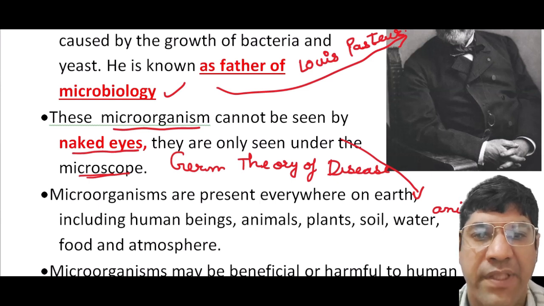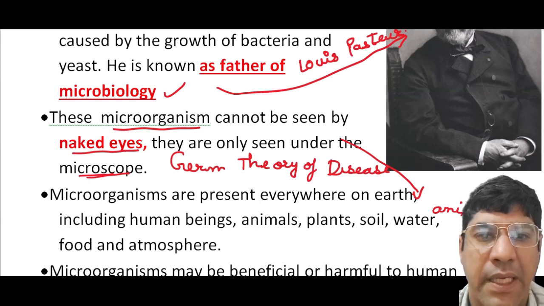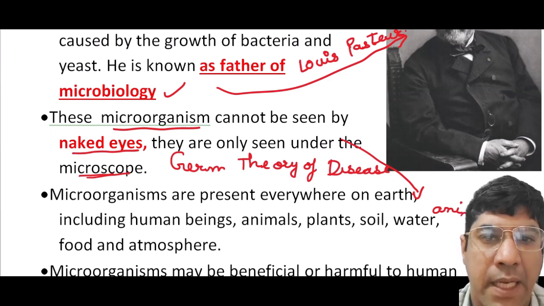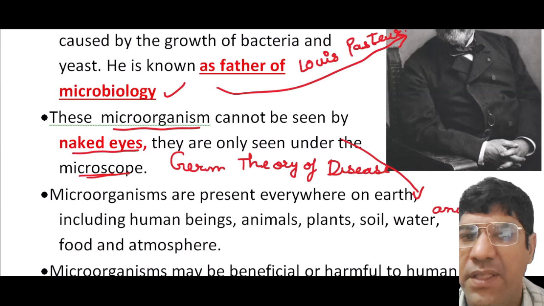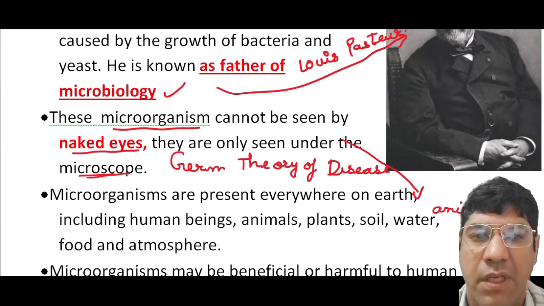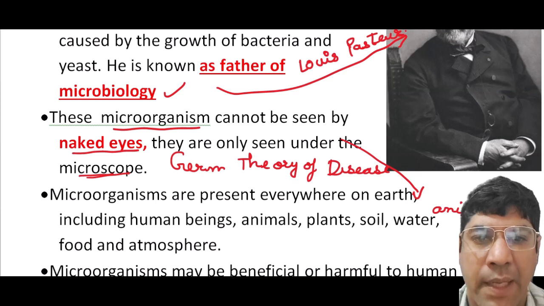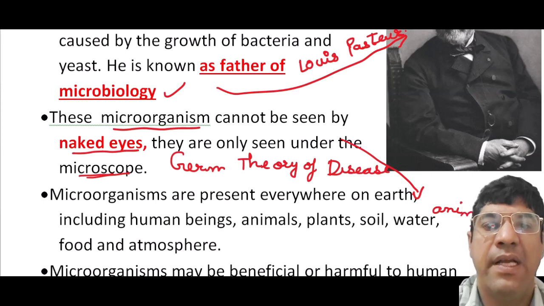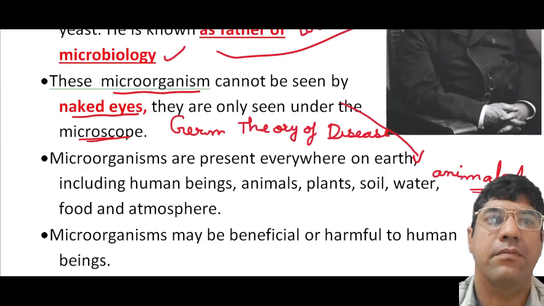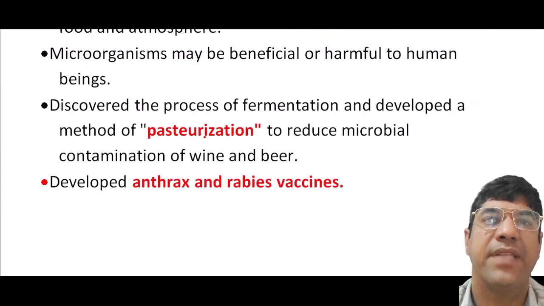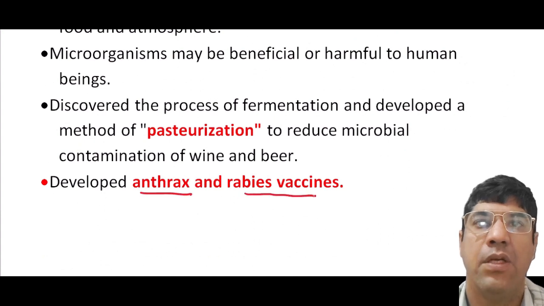So the germ theory of disease is a scientific theory that states that microorganisms, including bacteria, fungi and viruses, can cause infectious diseases. However, this germ theory was not attributed to a single individual, but was developed over time through the work of several scientists. Apart from that, he developed the anthrax and the rabies vaccine.